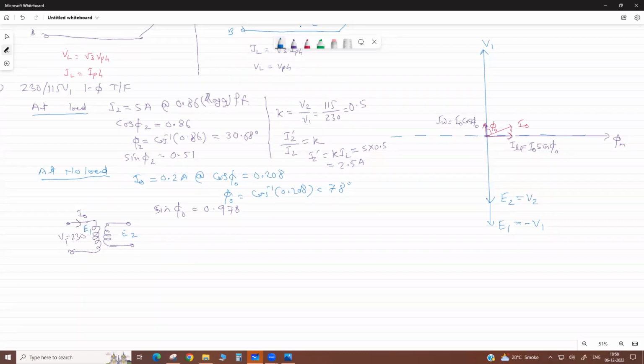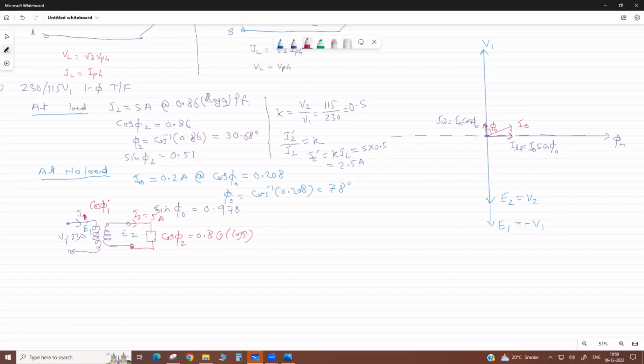Now suppose we put a load, on load condition. If we connect a load of power factor cos phi 2 equal to 0.86 lagging, then I2 is 5 ampere. Corresponding to this there will be an I1 and also an on-load power factor cos phi 1.